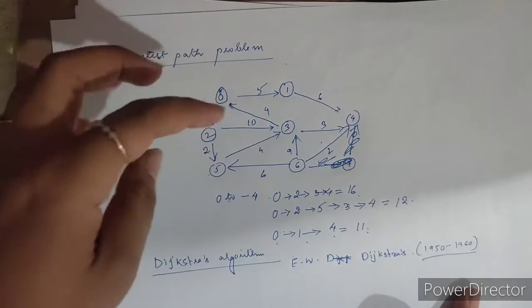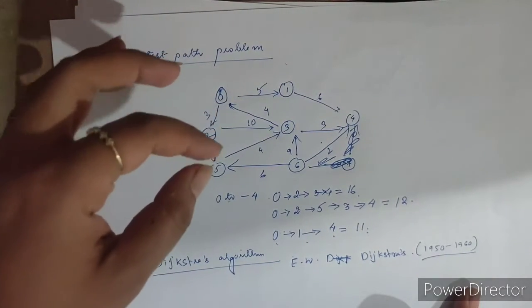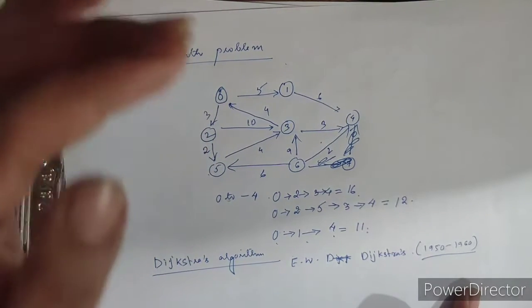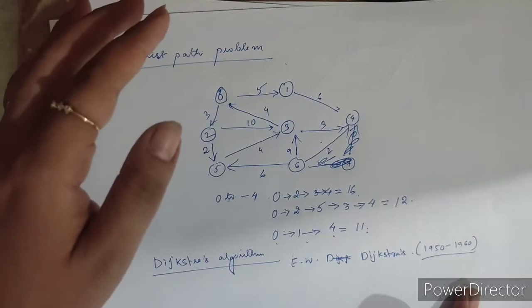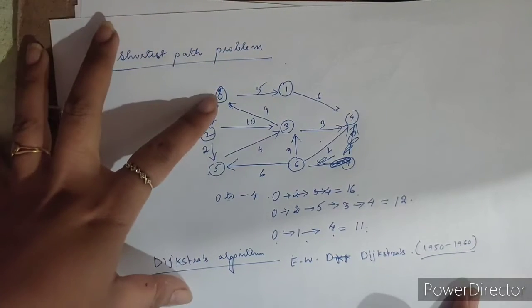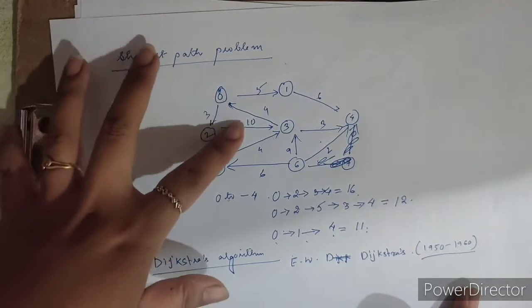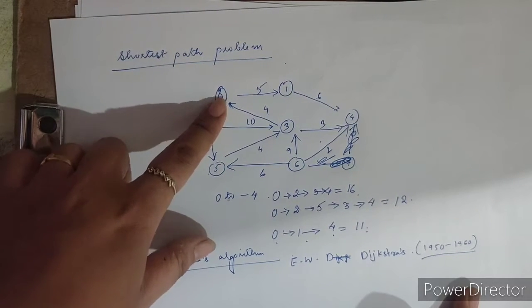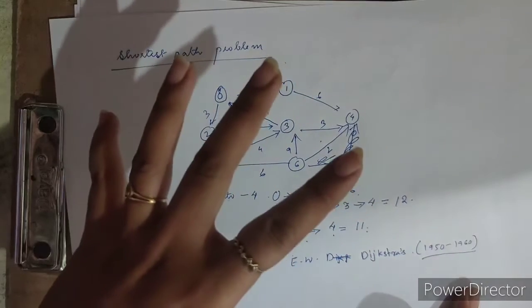An algorithm used for finding the shortest path from a starting node to a target node in a weighted graph is known as Dijkstra's algorithm. This algorithm makes a tree of the shortest paths from the starting node, that is the source node, to all other points in the graph.